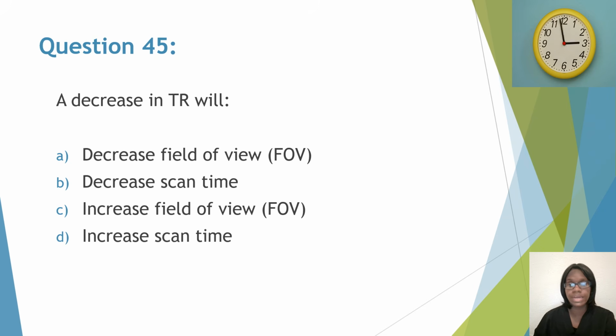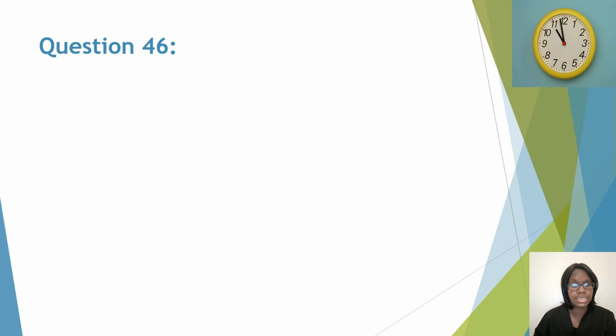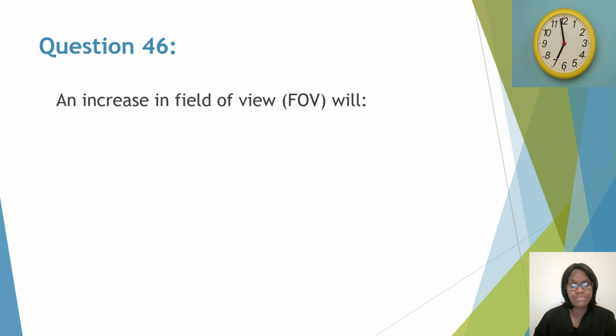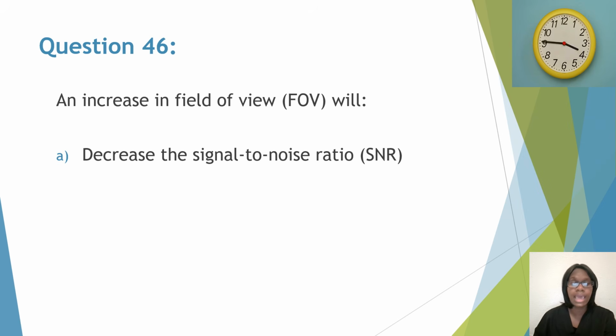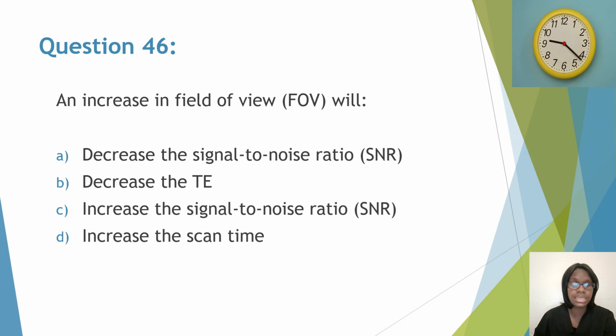All right, the correct answer is B, decrease scan time. Question 46. An increase in field of view will A, decrease the signal to noise ratio, B, decrease the TE, C, increase the signal to noise ratio, D, increase the scan time.